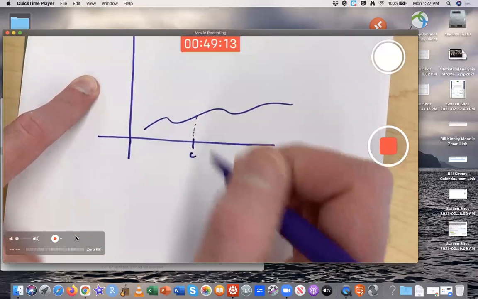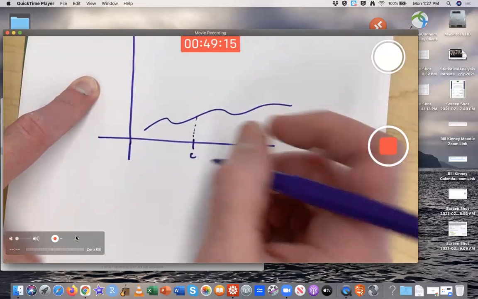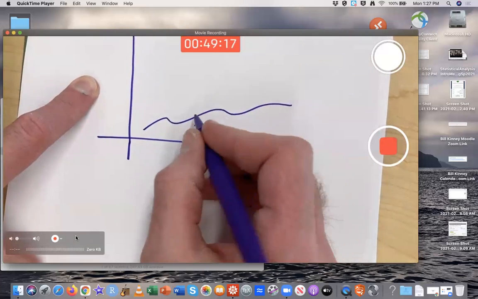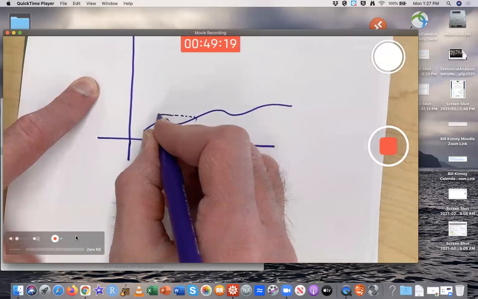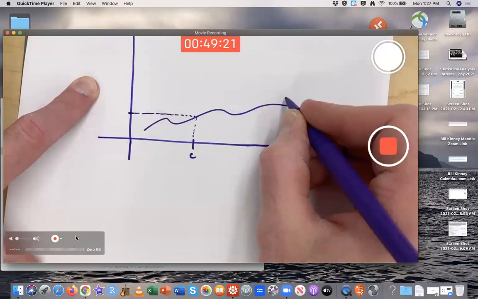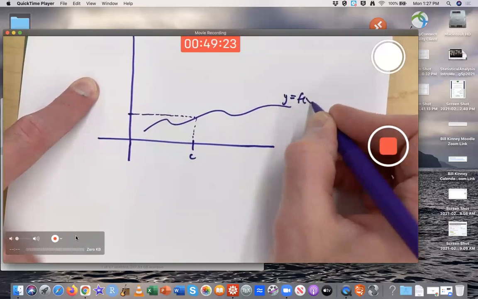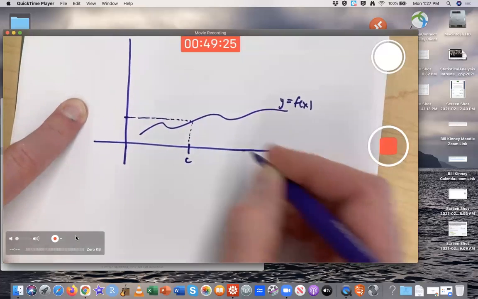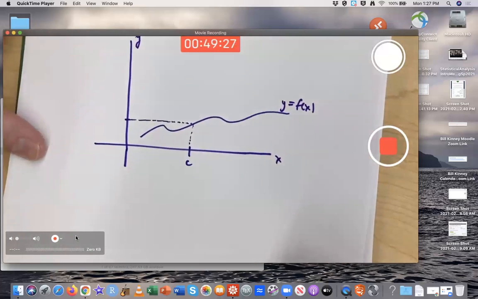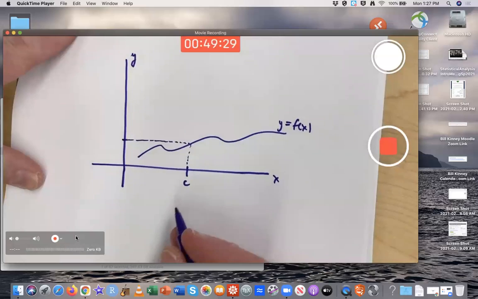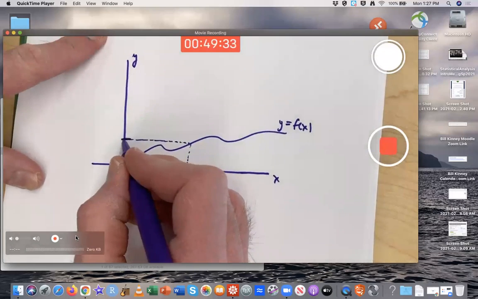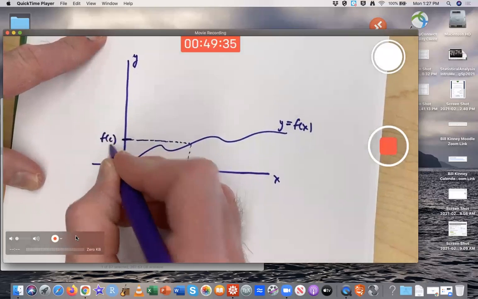The fact that this graph is continuous everywhere, including at c, means that the limiting value of this function, y equals f of x, say, where this is x and this is y, as x approaches c from either the left or the right, is the same, and in fact, it equals the function value. It equals f of c.